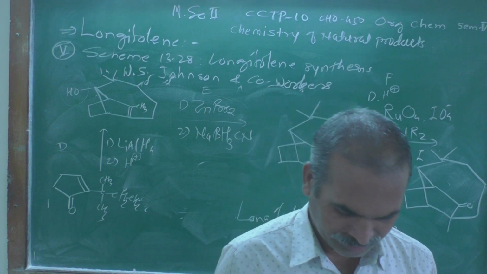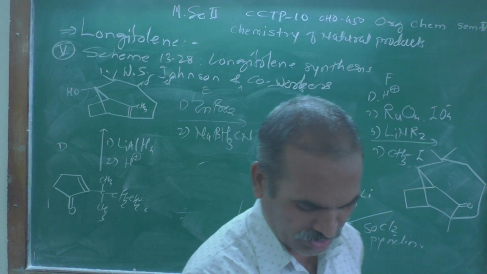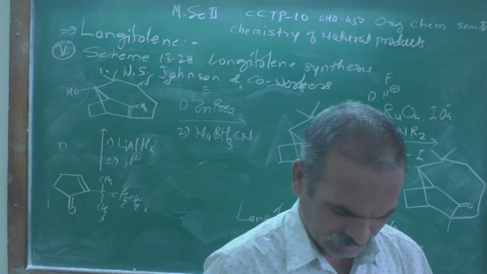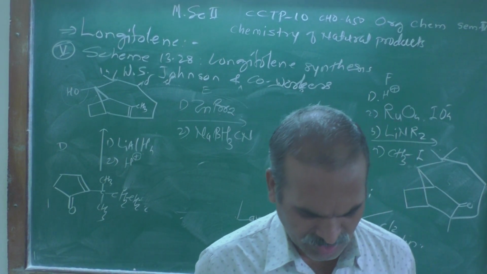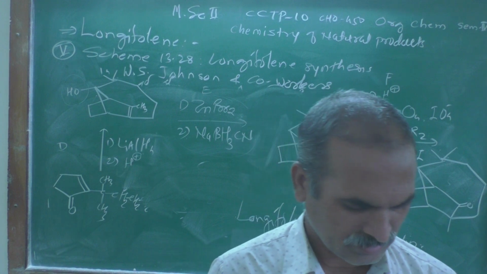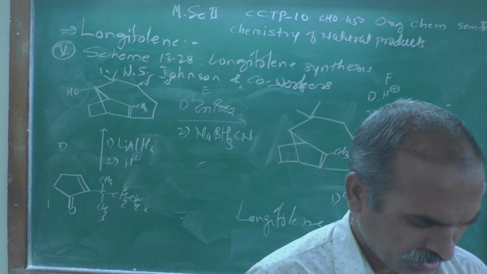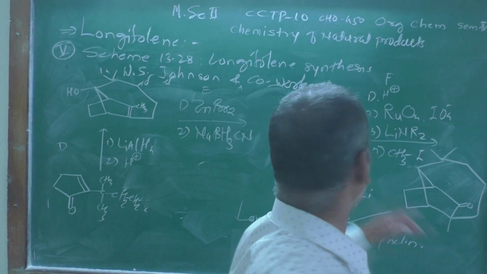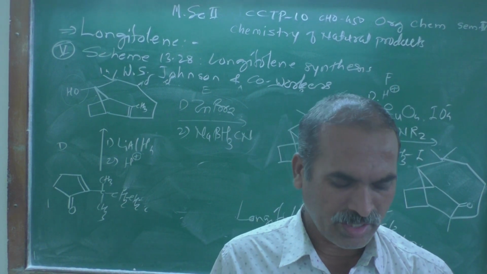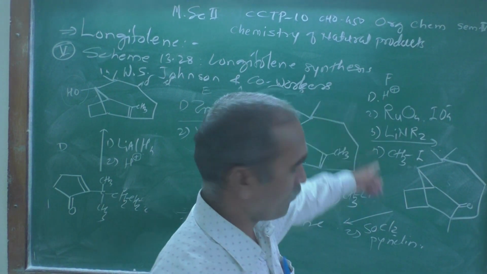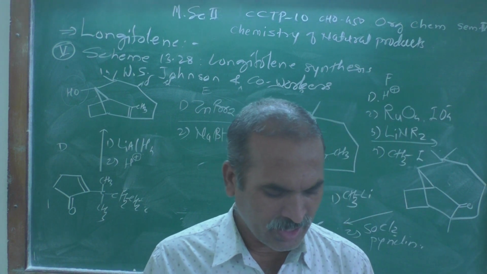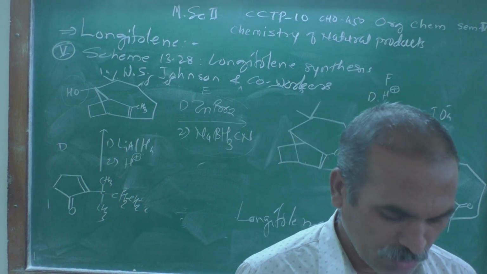So in addition to the key cationic cyclization in step D, which we have seen over here, interesting transformations were carried out in step E, where the bridgehead tertiary alcohol was reductively removed, and in step F, the methylene group which was eventually reintroduced had to be removed.